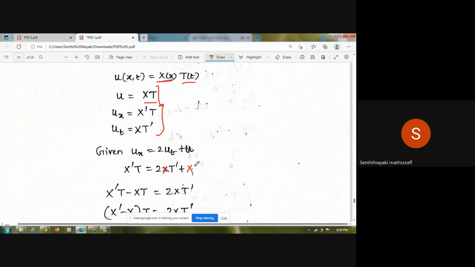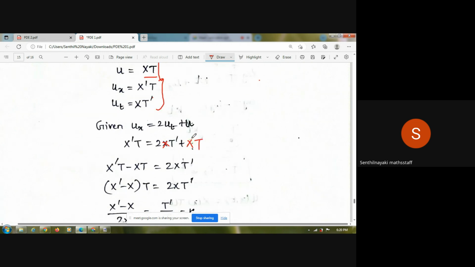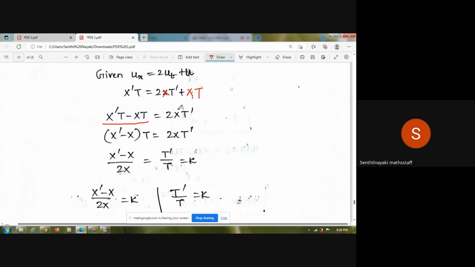So we get xt. Next, we take this xt to the left hand side. So x dash t minus xt equal to 2x t dash. In these two terms we can take t as a common term. So the remaining term becomes x dash minus x into t equal to 2x t dash. The right hand side has no change.